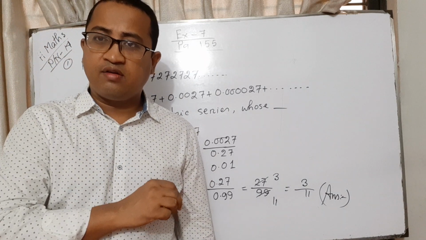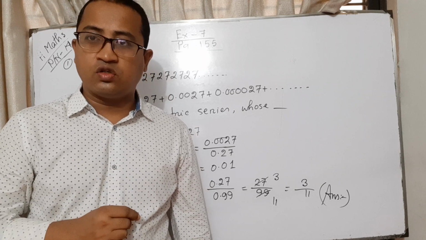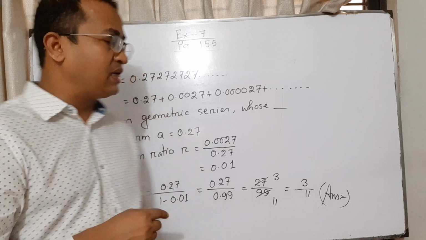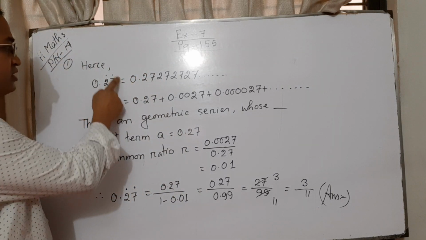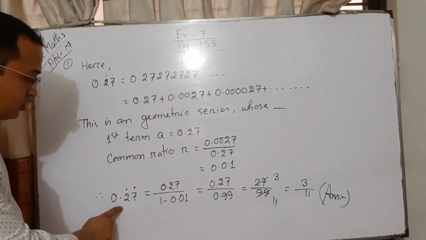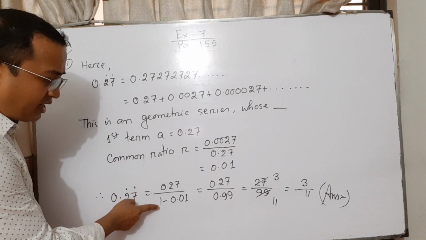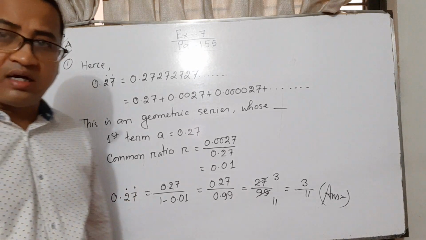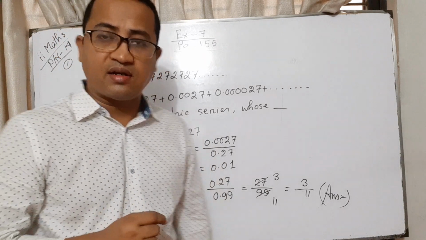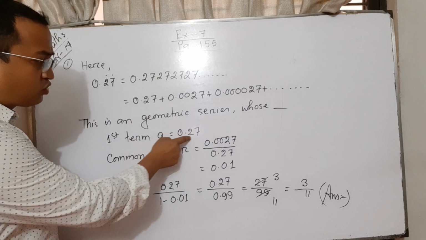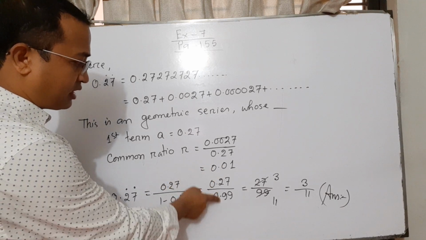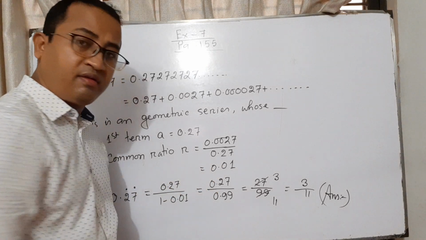So we know the first term and the common ratio, and we can find the sum of this series, and that sum must be the repeating decimal itself. So we write the sum is a/(1 - r), with a = 0.27 and 1 - r = 0.99. Subtract it, it will be 0.27/0.99.